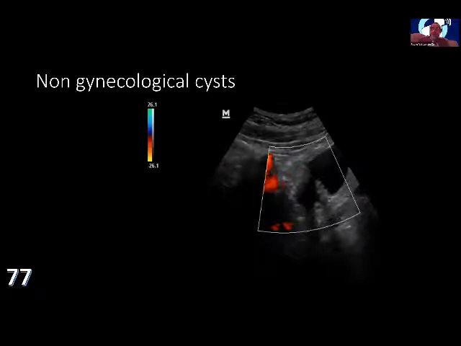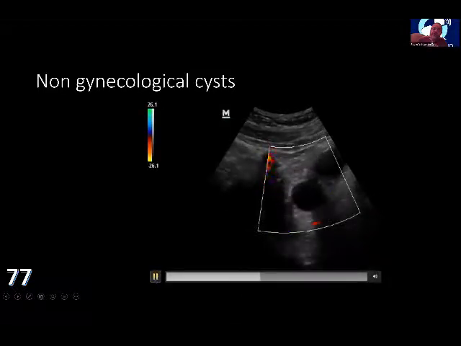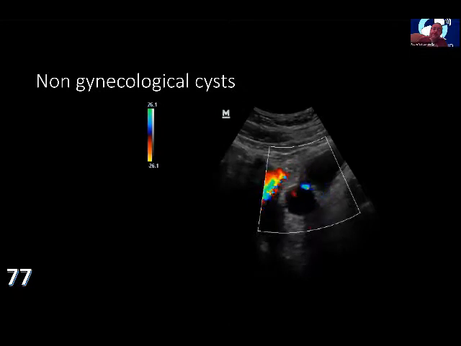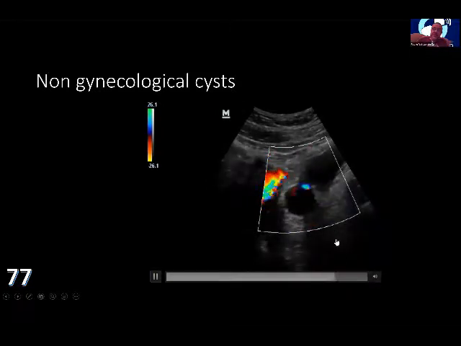And some other times we can see things that are not precisely gynecological. Some cysts of other than gynecological nature, like this thing, behind the bladder.